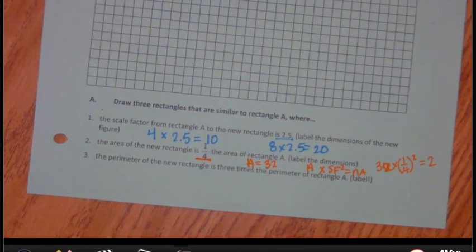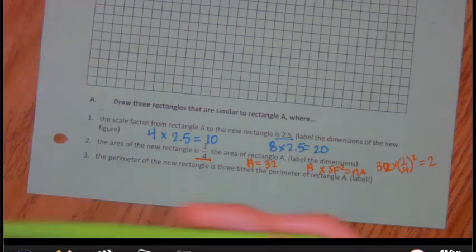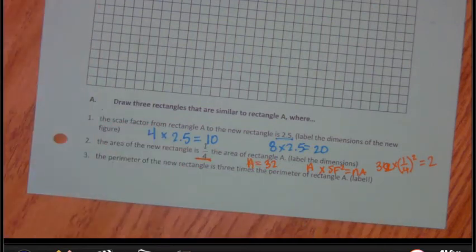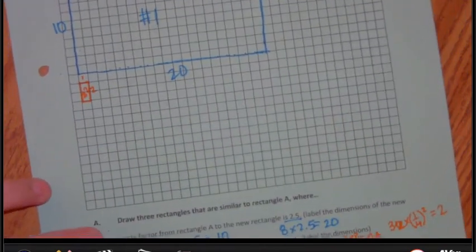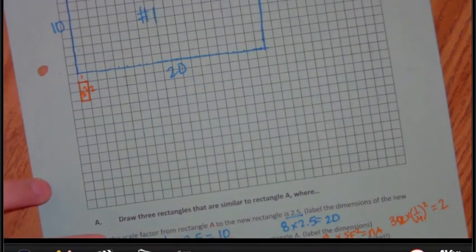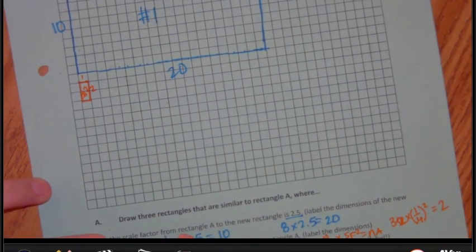Number 3 says the perimeter of the new rectangle is 3 times the perimeter of the old rectangle. All right, so let me grab another color here. Let's do purple. I think that'll show up. So I'm going to take the perimeter of my original. So I'm going to have 4 plus 4 plus 8 plus 8.